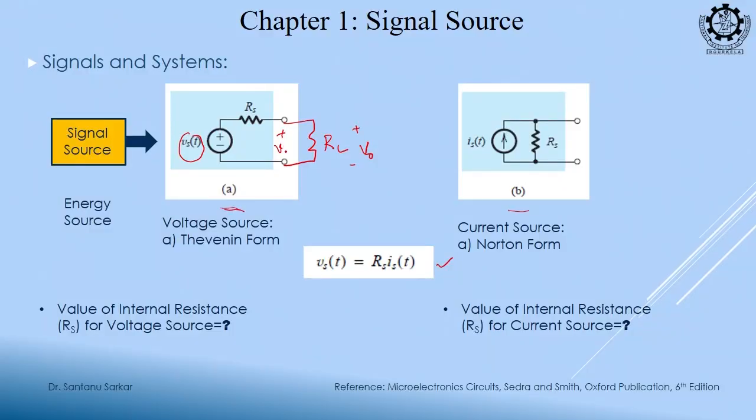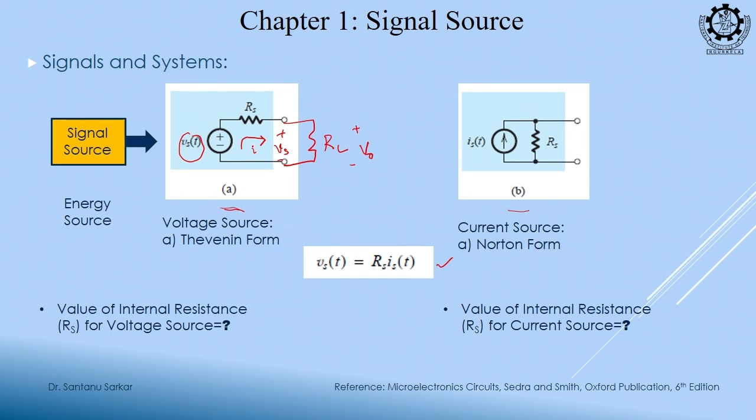Rs is equal to RL. If Rs is equal to RL, what will happen? What is my aim? To get the Vs, this internal voltage of the voltage source, to come over here. If there is any circuit, some current will flow.